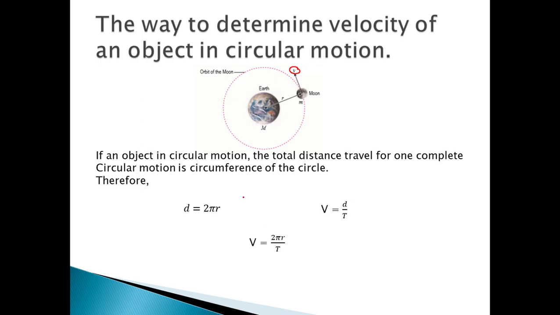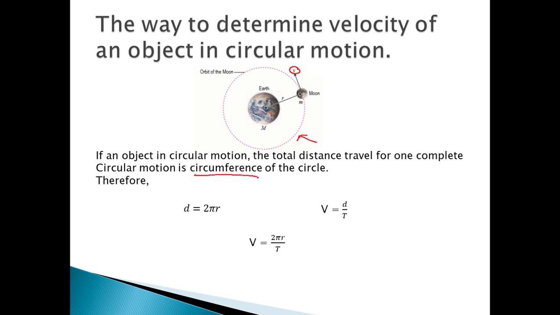And how can we prove this formula? First thing is the distance. For the moon to complete one complete turn, it has to travel the circumference of the circle. For an object in circular motion, one complete cycle is its circumference.